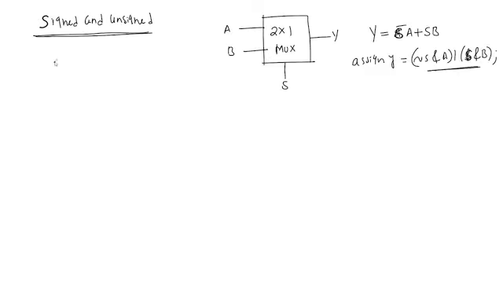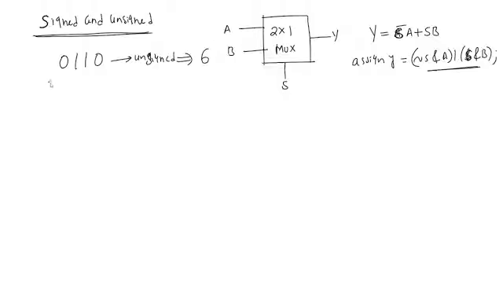Suppose this is 0 1 1 0. If it is an unsigned number, how is it defined? An unsigned number is defined as a normal 6.